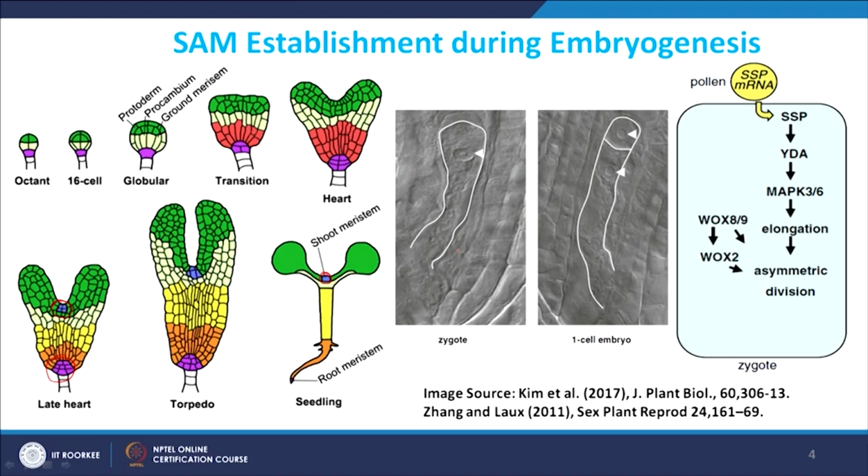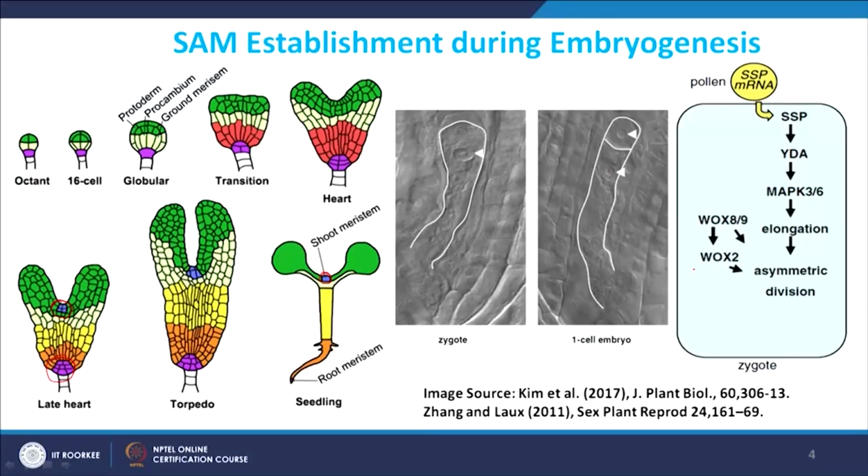This is a picture of the single-cell zygote, and this is the first cell embryo. The first cell division has occurred here, and you can clearly see two nuclei. Even the first cell division is asymmetric. In plant development, asymmetric cell division is a very important process, which eventually gives rise to the proper developmental program.